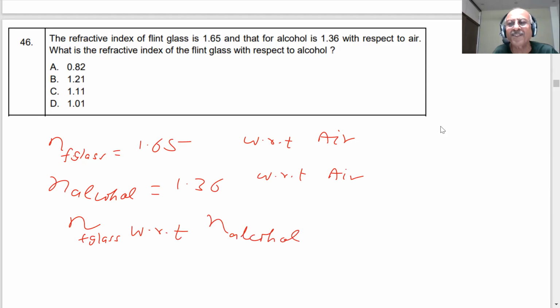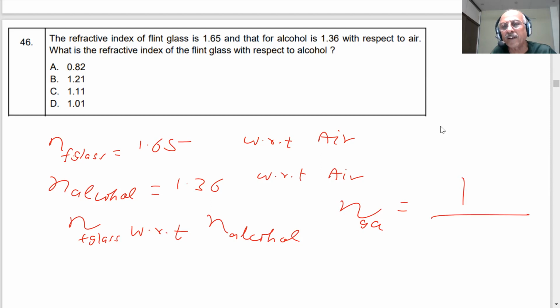Now the catch is very simple. If I want to find the refractive index of the flint glass with respect to alcohol, the alcohol, being the "with respect to" medium, will come in the denominator.